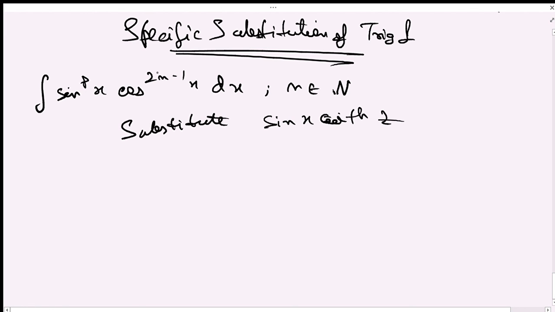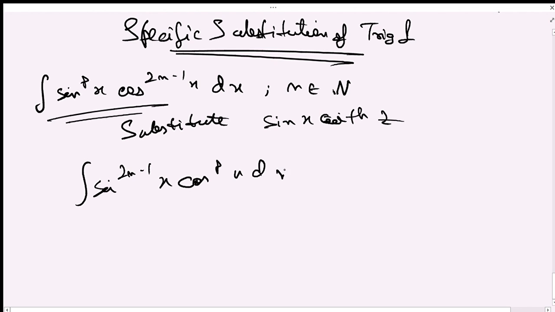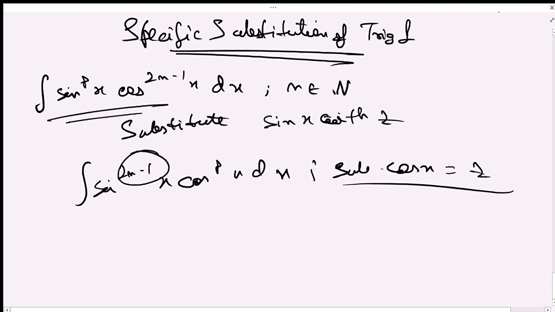Clear? When you have an integration of this type, where you have a product of sine and cos multiplied together, if the power of cos is odd, substitute sine with z, and the inverse also is true. That is, if you have sin 2n minus 1 x cos px dx, where the power of sine x is an odd power, then you will do what? You will substitute cos x with z. Clear?